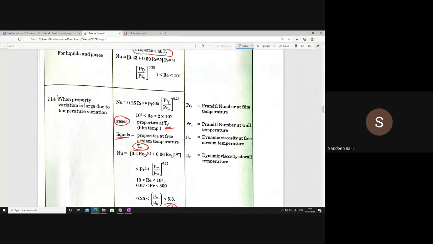In this case, property variation is large due to the temperature variation. If this is explicitly mentioned in the question, then you have to use this correlation. The Reynolds number will vary accordingly. This is a bit different because you have to take the properties of gases at Tf, and for liquids at T infinity. So it depends on the question.